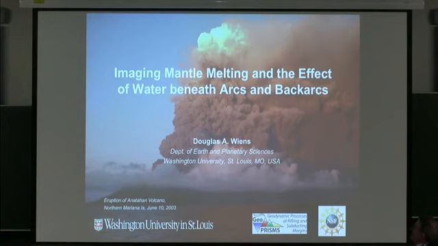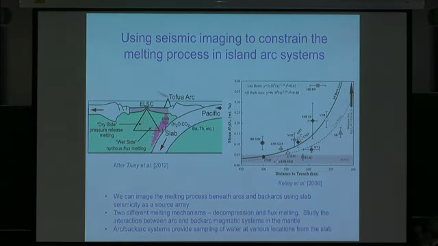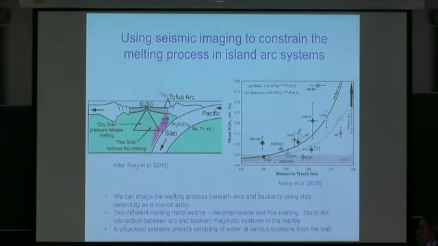So I guess we're starting out with some observations about melt. I've been working on imaging island arc systems in the Western Pacific, and there are some real advantages to imaging these systems with seismology.